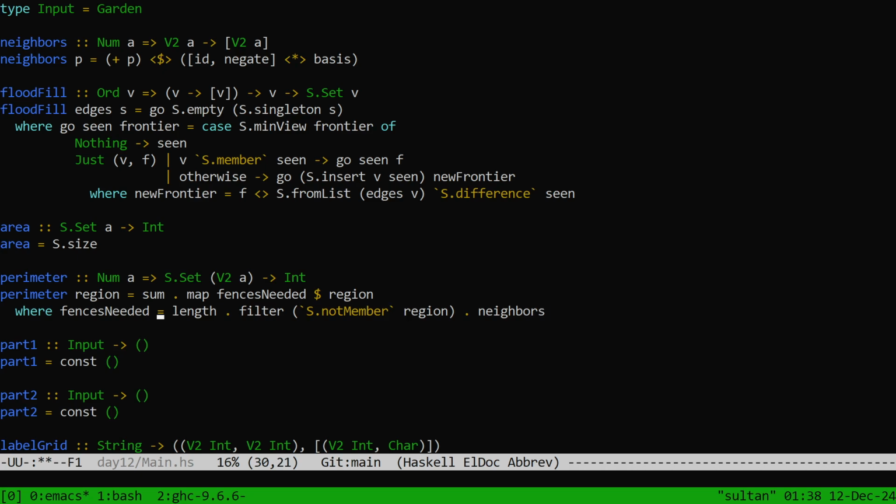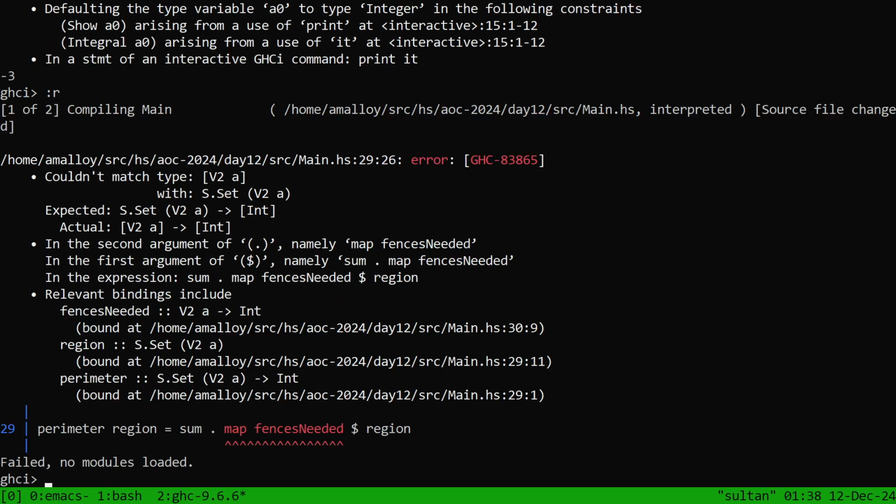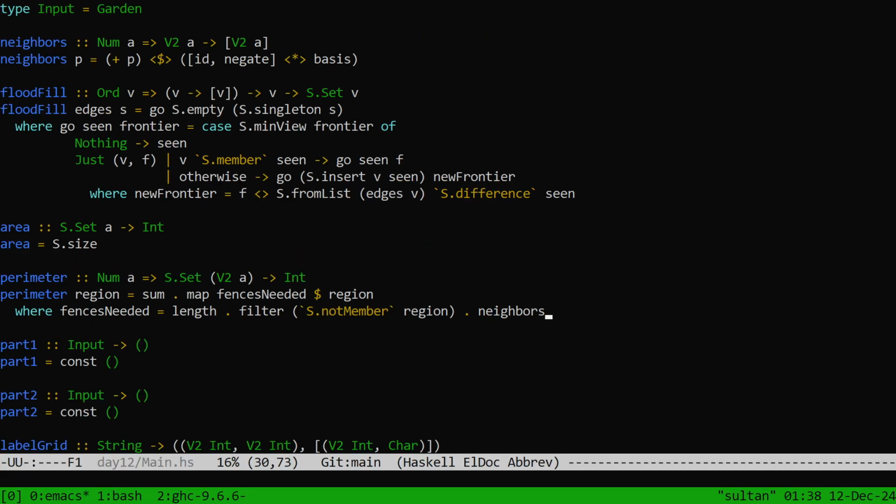We don't even need to name P. So I think this makes sense. Find the neighbors of a node. For each one that's not a member of the region, count the ones that aren't neighbors of the region. So that makes sense. Doesn't compile though.